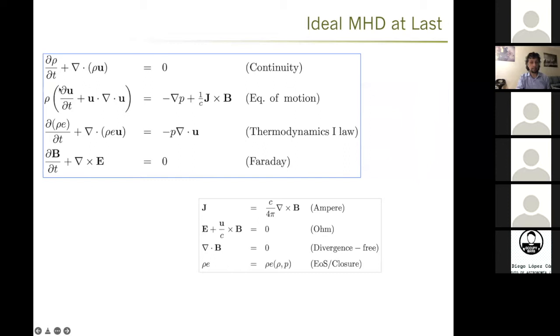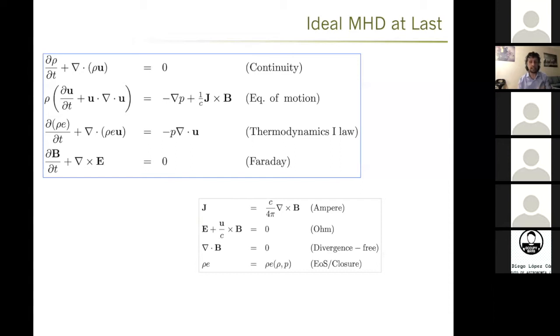time. But then there are some additional relations, because you want to describe the physics. So, for example, Ampere law is not used in MHD. Well, it's not used as an evolutionary equation. It's used as a relation between current and the curl of B. Then you have Ohm's law, which essentially states that the electric field is zero in MHD in the rest frame.